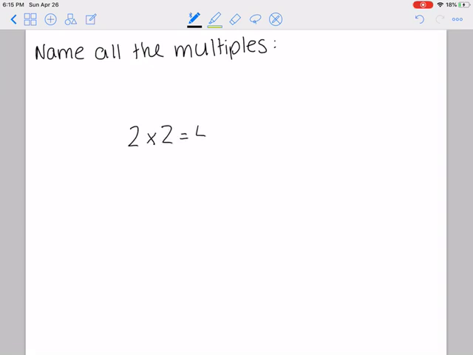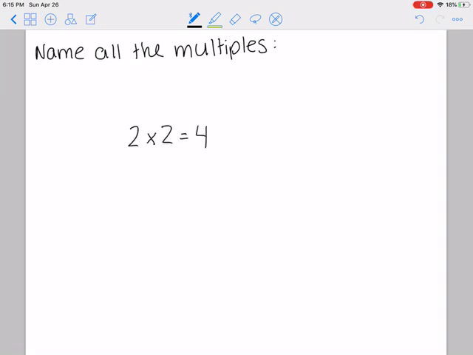So we are asked to name all the multiples for the following problems. Now remember, a multiple is the product of a number times another number.